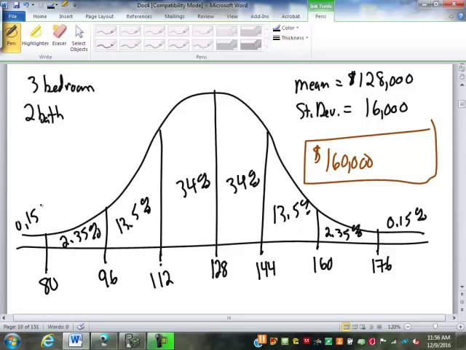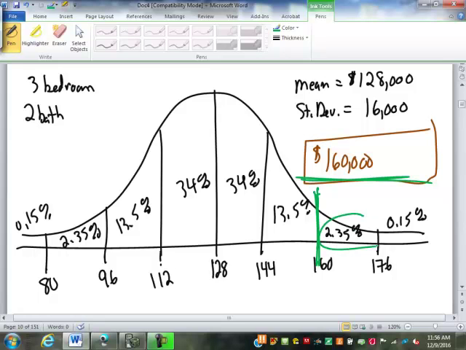I want you to think for a second before I say any more. What does this tell you about that house that you found for $160,000?